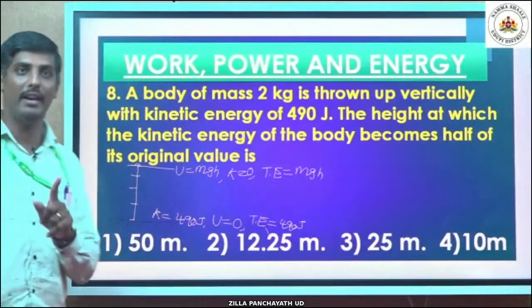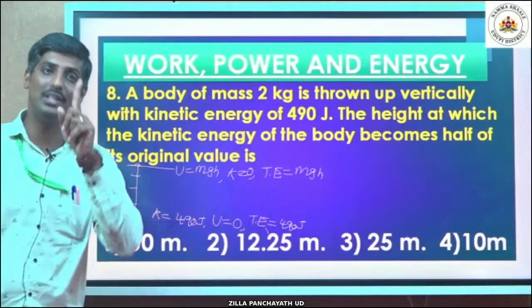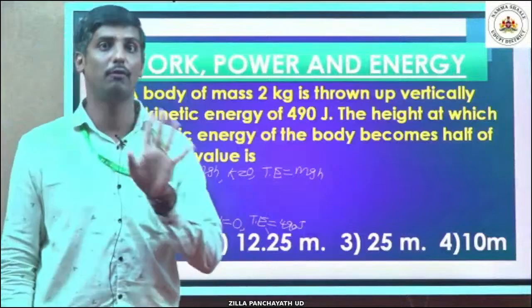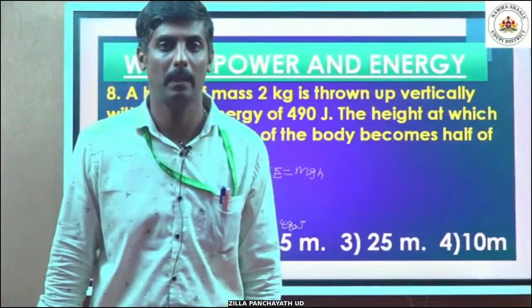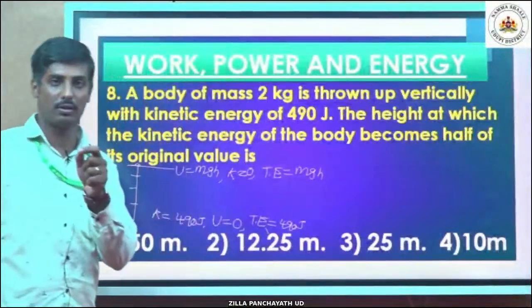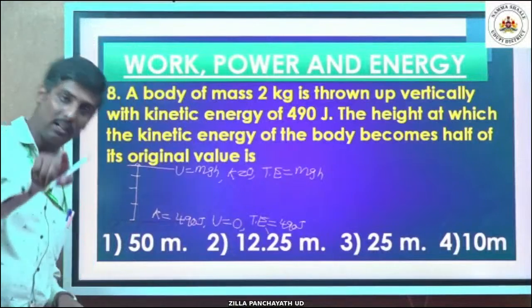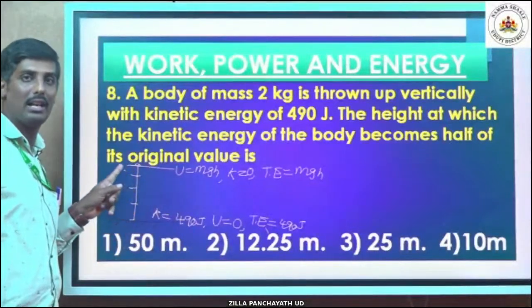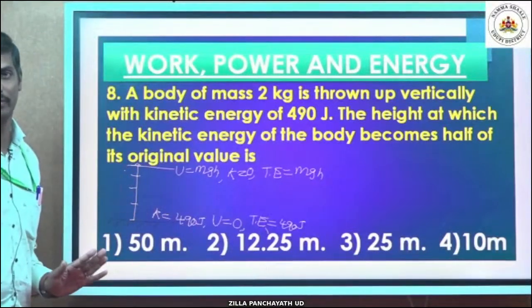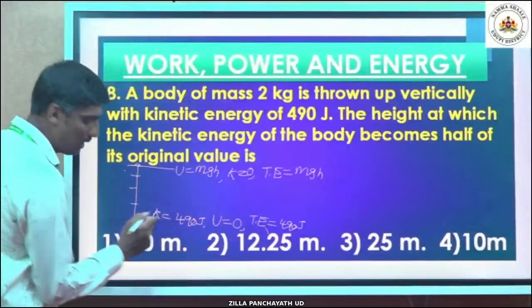Clear? Everywhere the total energy always remains constant provided the work done is by a conservative force. Clear? If the work is done by a conservative force, the total energy is always conserved. Over. So kinetic energy is 490 joules.